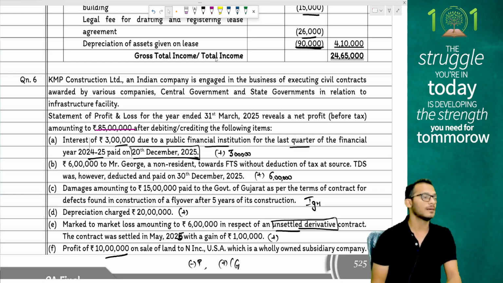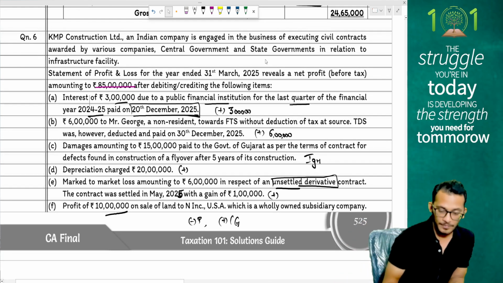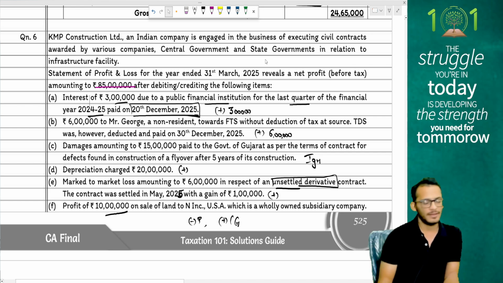Amount is, move forward. Point number E. Heading can be just simple MTM losses.